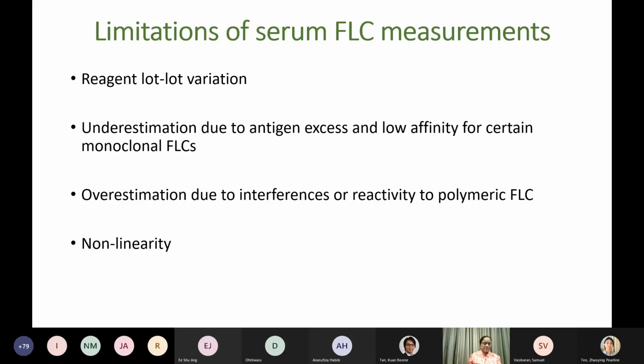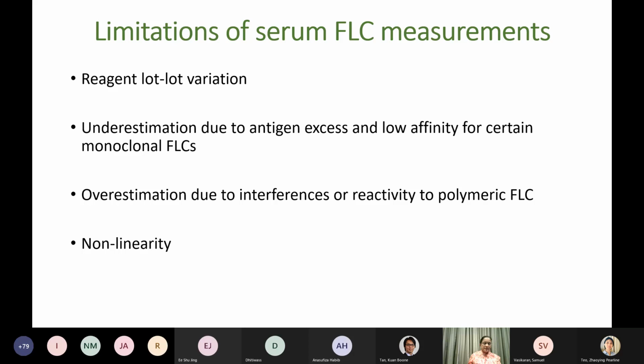There is a possibility of antigen excess with accompanying underestimation of free light chain concentrations when the true concentration is extremely high. Sometimes it could occur at very low concentrations in some patients due to the highly variable nature of the monoclonal free light chain.